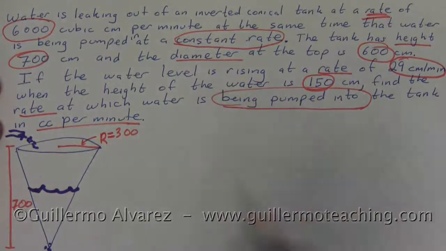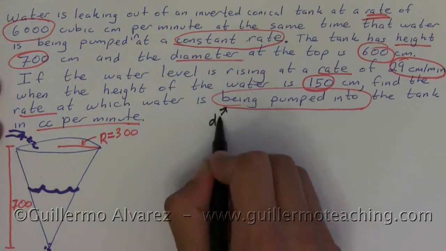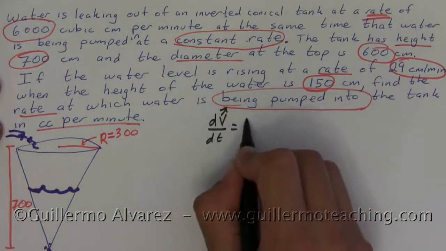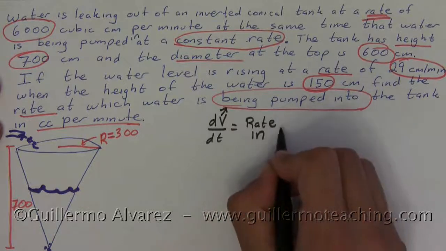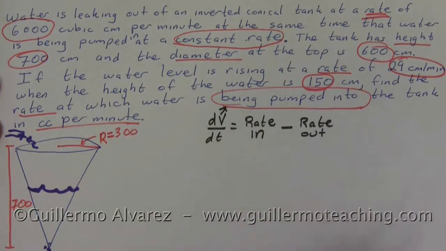So the derivative of the volume with respect to time is equal to the rate in minus the rate out.